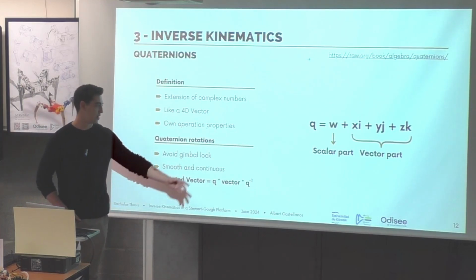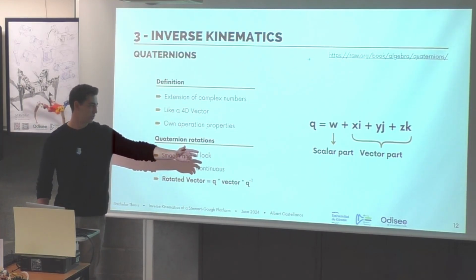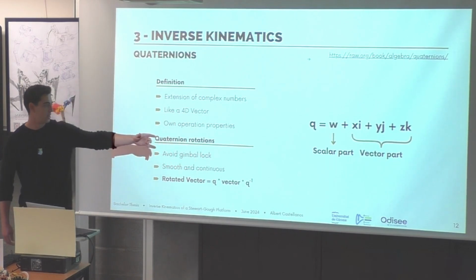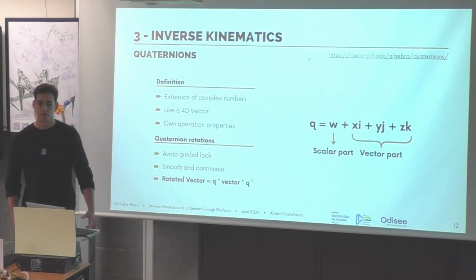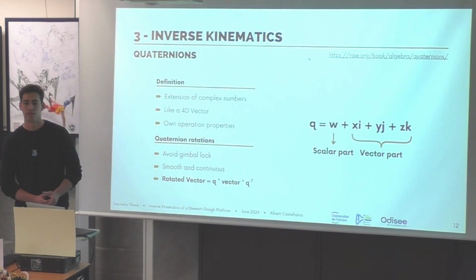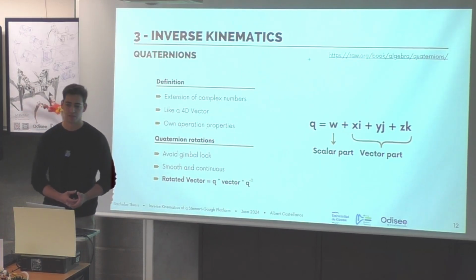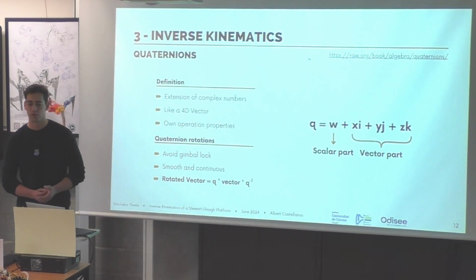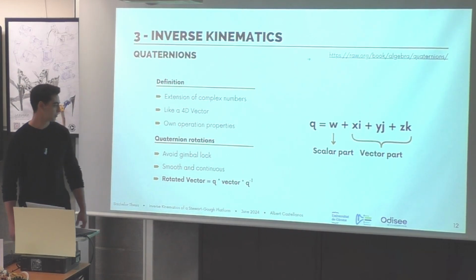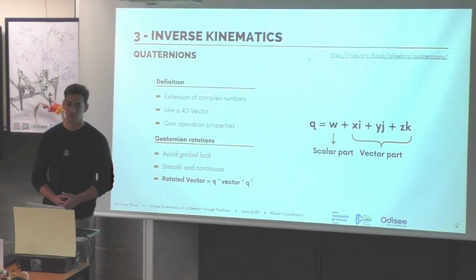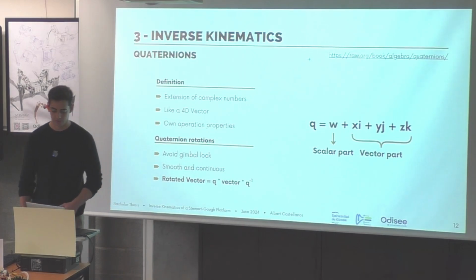Now, just like a complex number, it's composed of the scalar part, or the real part, and the vector part, or the imaginary part. Now, in our context of the Stewart platform, we use quaternions to calculate rotations in the 3D space. That allows us to avoid some of the pitfalls that other methods have, like Euler angles, such as the gimbal lock. Now, it's also really smooth and continuous, which provides a real precise control for the platform and is essential for our project.